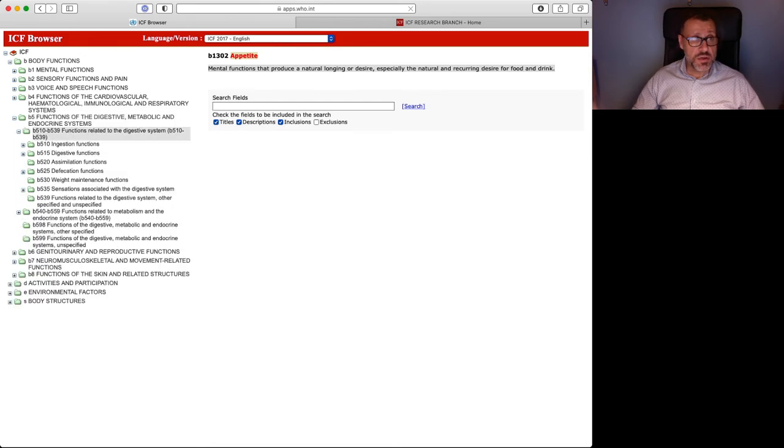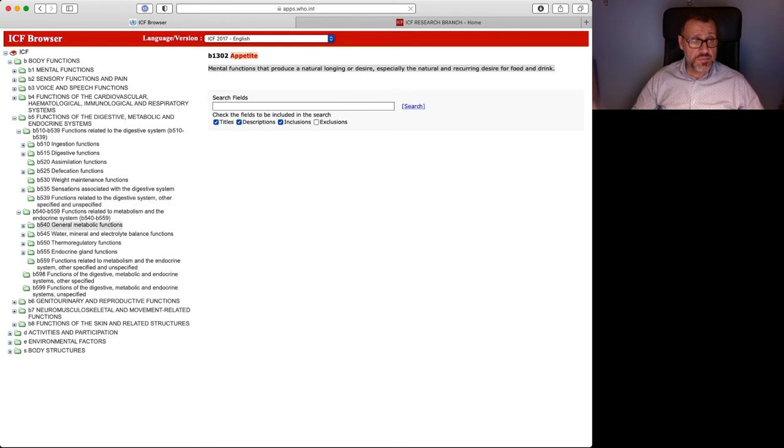So we have all these functions which are related to nutrition: ingestion, digestive functions, assimilation, defecation, weight maintenance functions, and sensations associated with the digestive system. Others are located under the metabolism section, like general metabolic functions, water, mineral and electrolyte balance functions, thermoregulatory functions, and endocrine gland functions. But as we will see in a minute, there are also other categories.